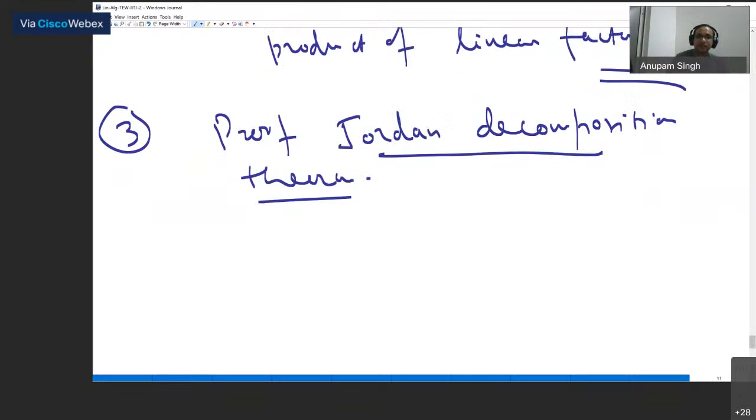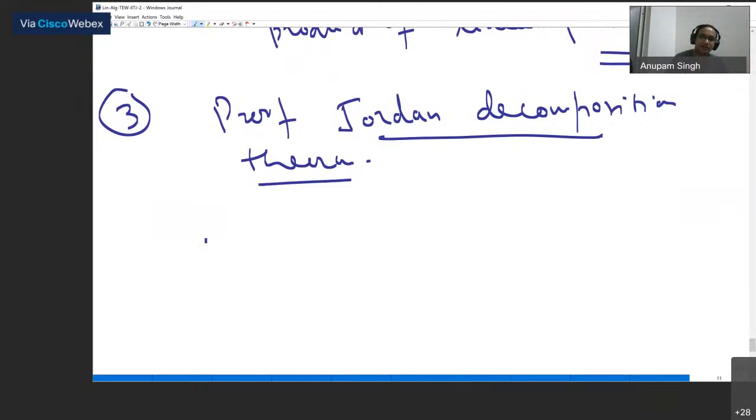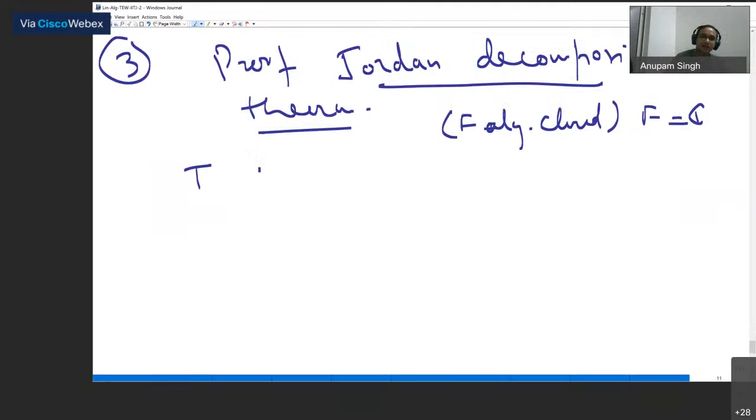So let's try to do this. Remember, for the Jordan decomposition theorem, I have assumed F is algebraically closed. You can take, for example, F equal to C. So I have T in End V.